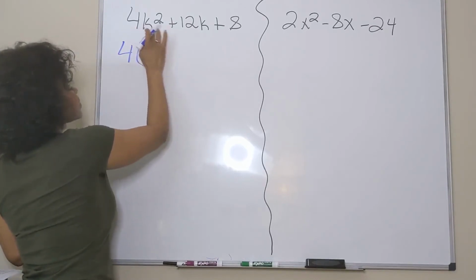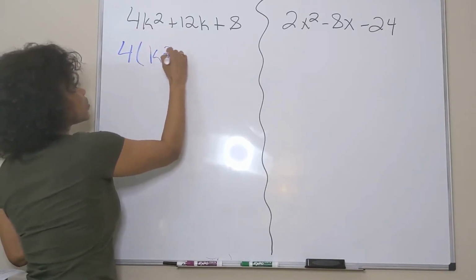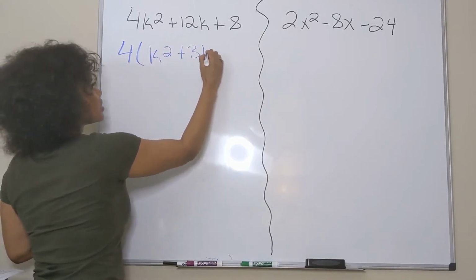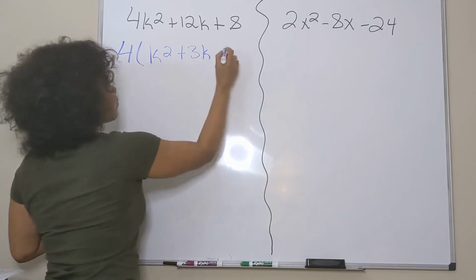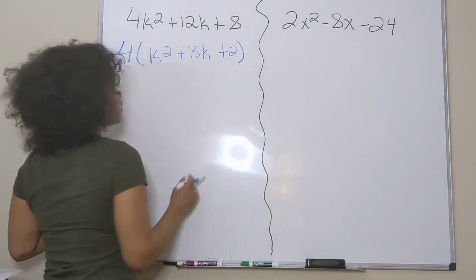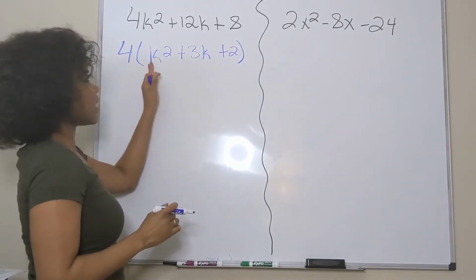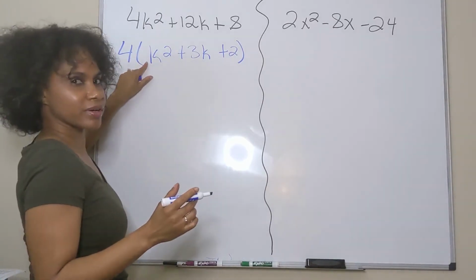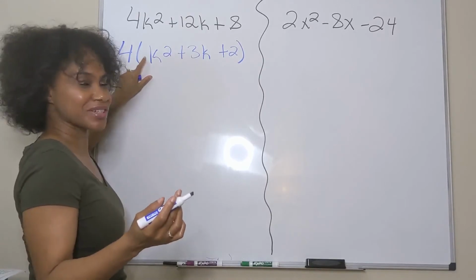So 4k squared divided by 4 leaves me with k squared. 12k divided by 4 is 3k. 8 divided by 4 is 2. All right, and so now we have our trinomial without a coefficient in front.